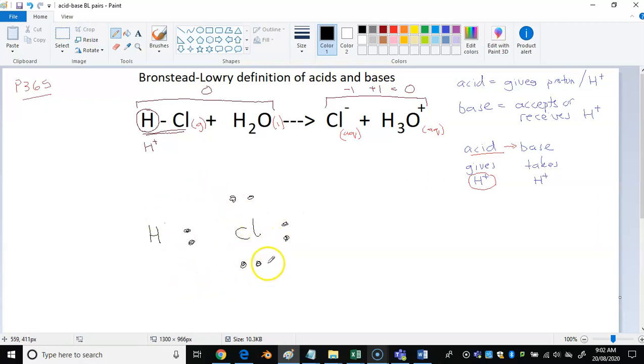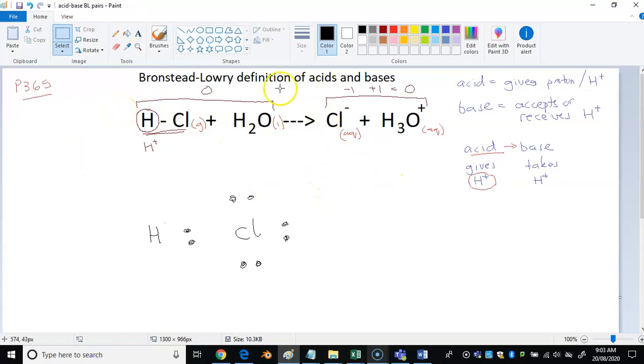If we just look at the chlorine, if I cover over the hydrogen, we can see that the chlorine has 8 electrons and a full outer shell. And if I cover up the chlorine, we can see that hydrogen has a full outer shell of 2 electrons, and that's fine. That's why it's formed a covalent bond.